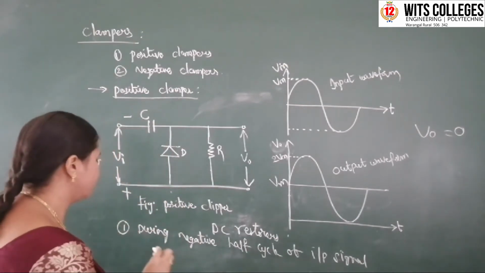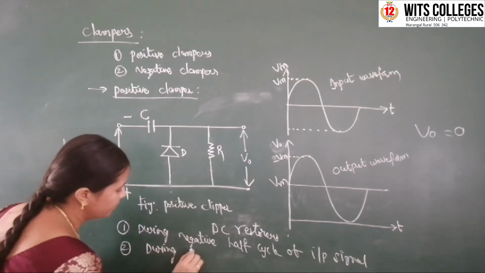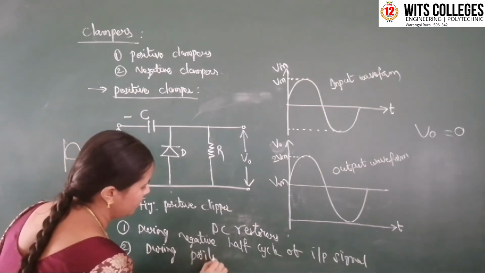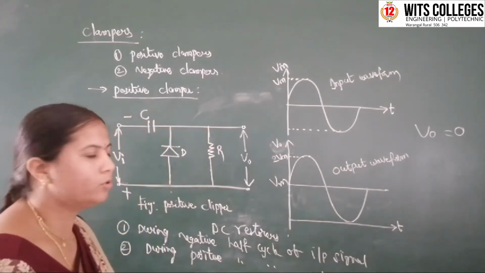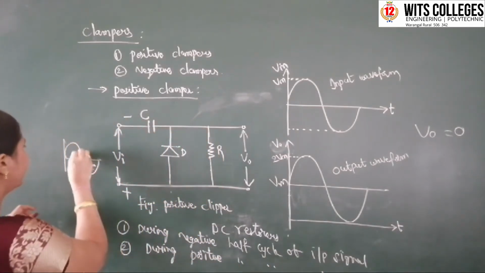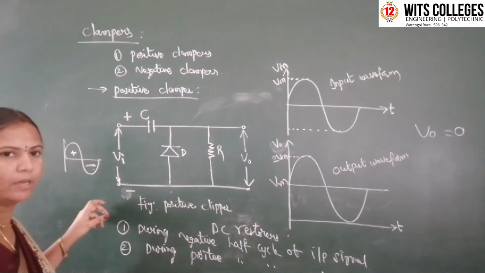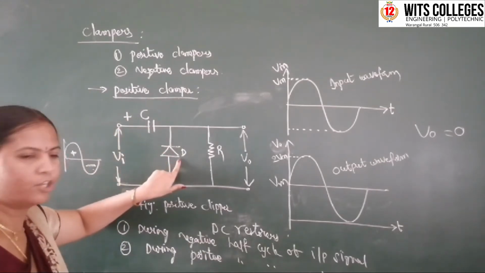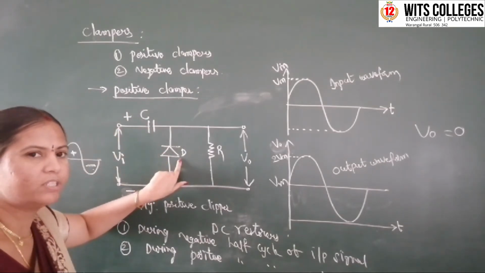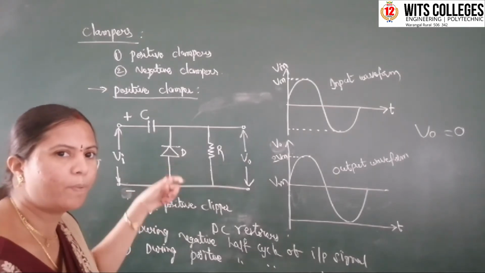So during the positive half cycle of the input signal, it becomes positive here and negative here. In this mode, the diode is in reverse biased mode, that means the diode acts as an open switch.